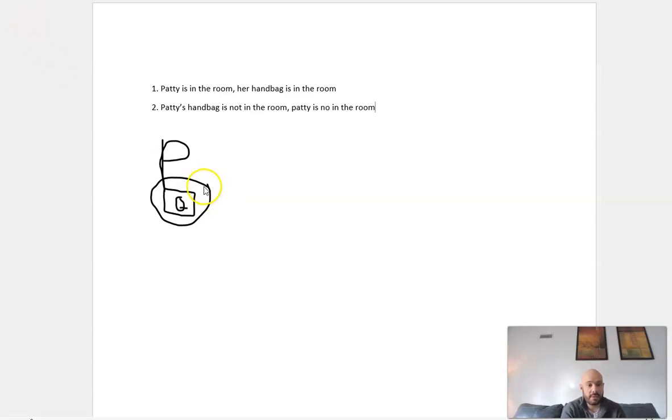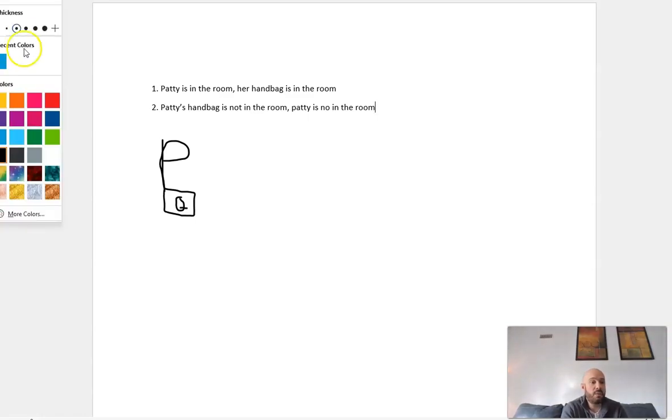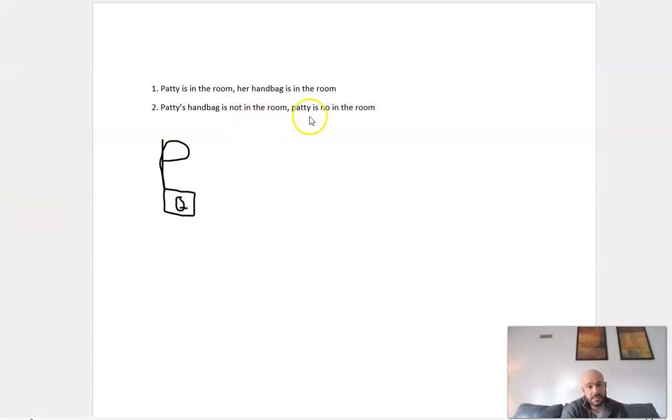Because if Patty's there, then her handbag is there. But what if I told you that Patty's handbag is not in the room? Her handbag isn't in the room. If you don't have this, then what do you know about Patty?